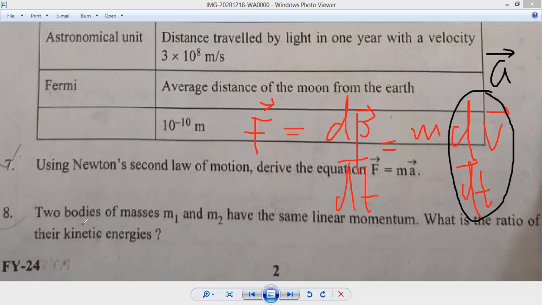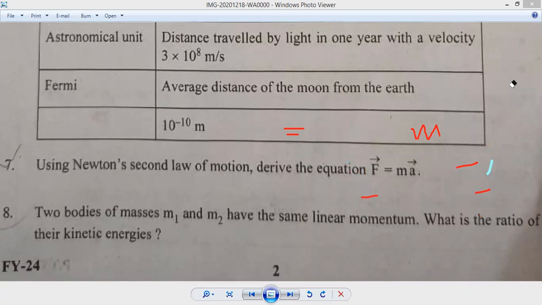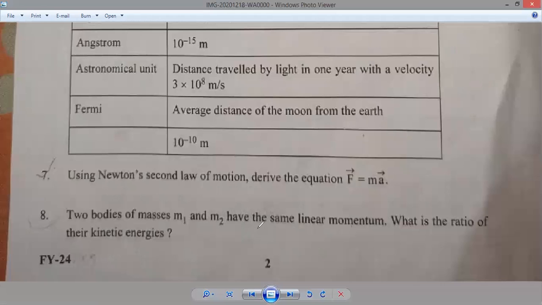Now the eighth question. Two bodies of mass m1 and m2 have the same linear momentum. What is the ratio of their kinetic energies? Okay, that's a good question. So what is the kinetic energy? Kinetic energy is the energy of a body when it moves. When a body moves, then it has kinetic energy.